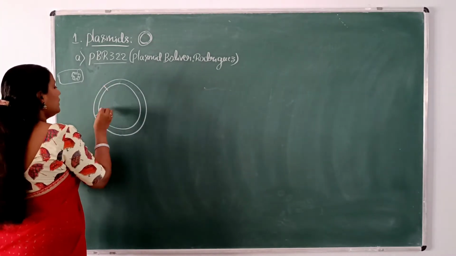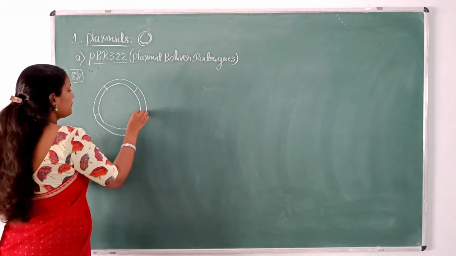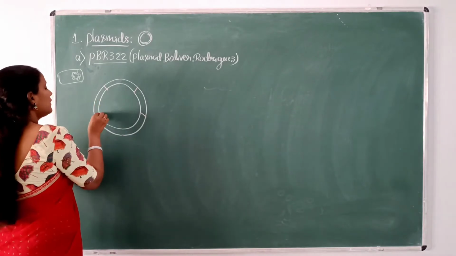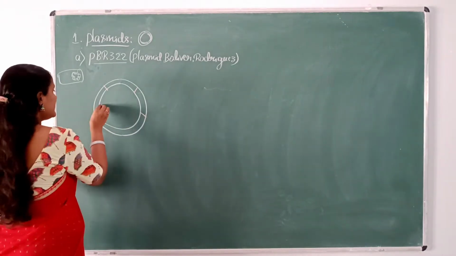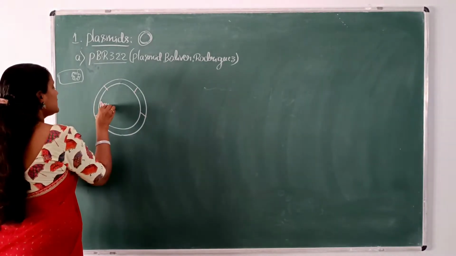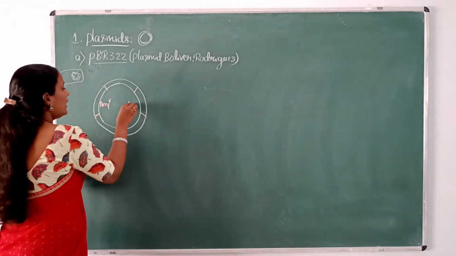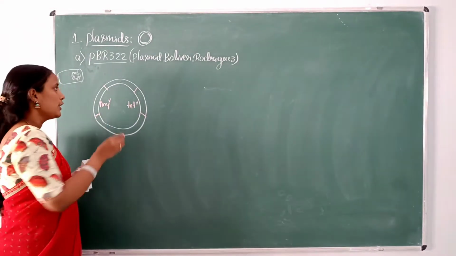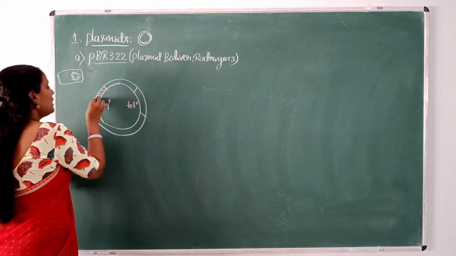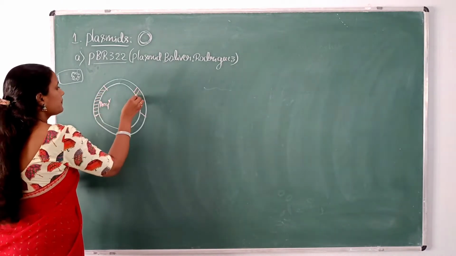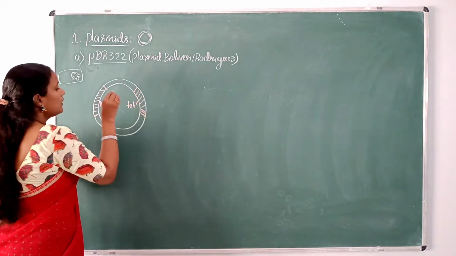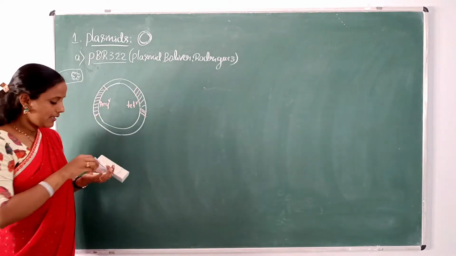It has selectable marker genes, the antibiotic resistance genes. One is the ampicillin resistance gene and the other is the tetracycline resistance gene. That is, two selectable marker genes are present.